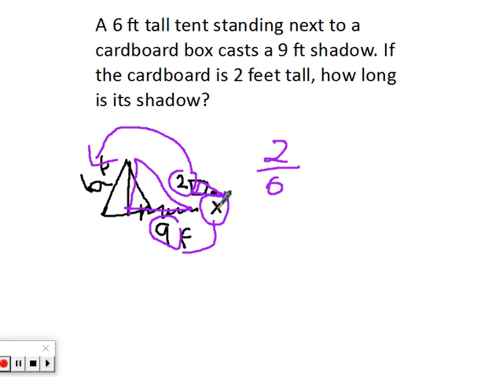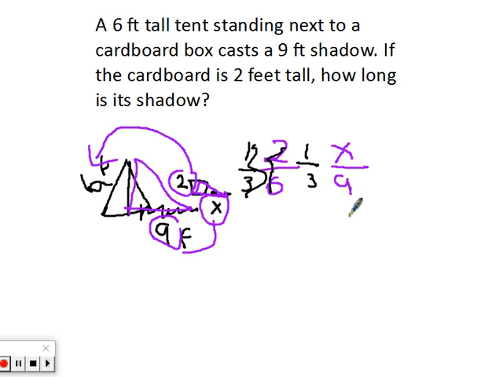So since the 2 and the X go together, so this would be X. They both come from the box, so the 9 will be on the bottom. Okay, so I can simplify this also again. Easier when you simplify. So this will be 1/3 when I divide it by 2. Okay. So look, now I don't think about 2/6. I think about 1/3. I'm going to rewrite it right here so it's easier to see next to the X over 9.